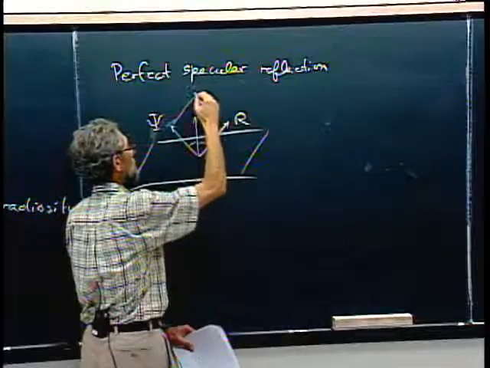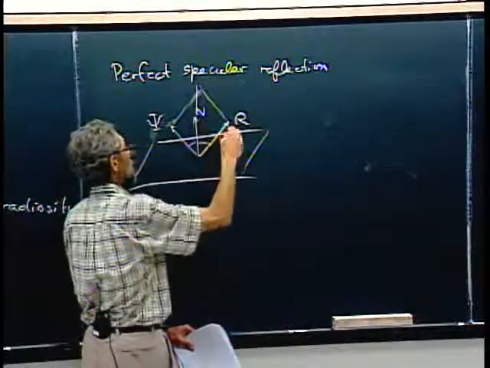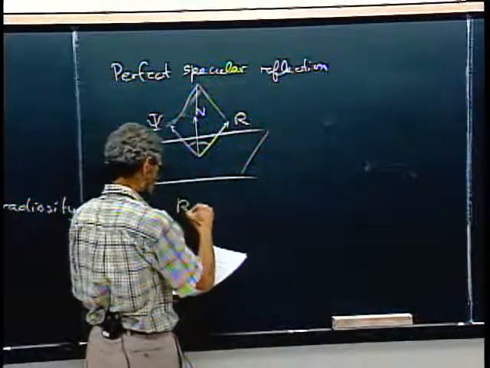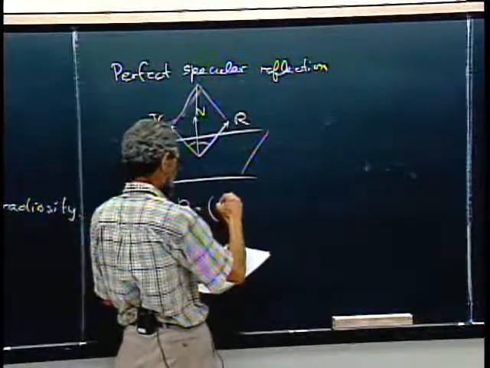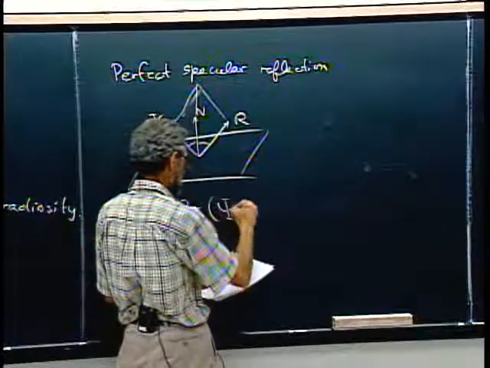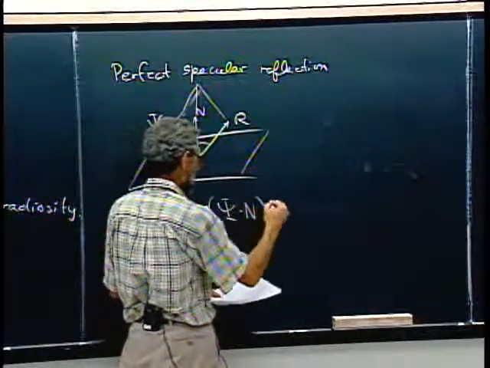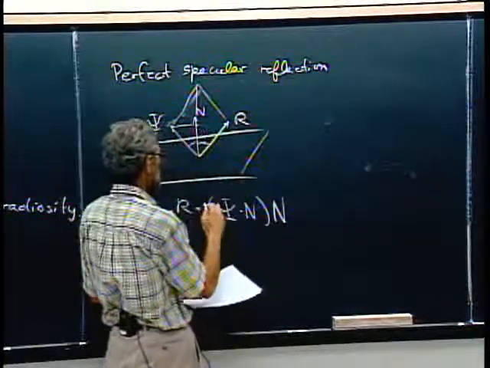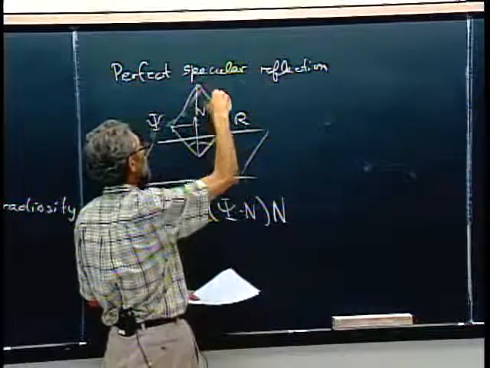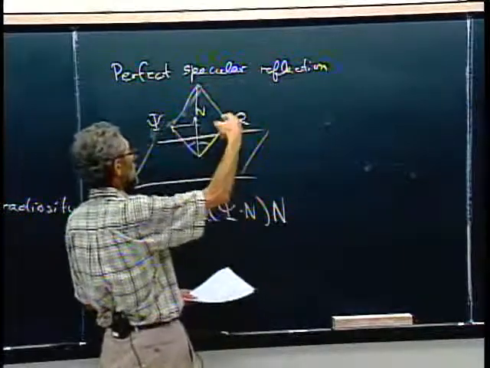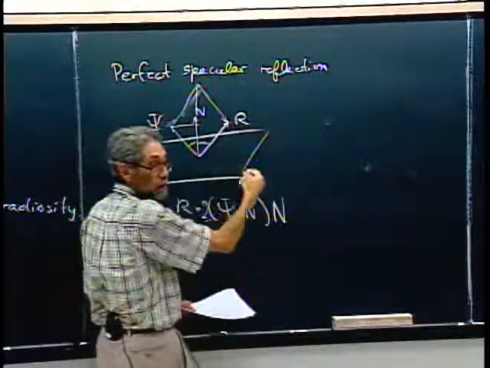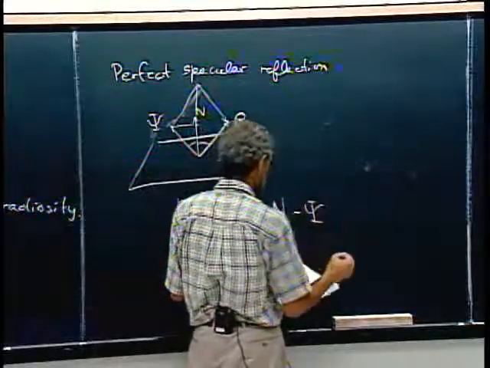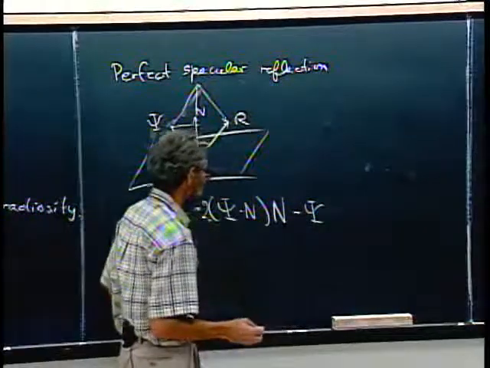In the first lecture, I drew a parallelogram here and computed that the perfect mirror reflection direction is the incoming direction dot the normal, multiplied by the normal. This is a scalar, which gives the length of this projection. If you double it, that's the length of this point, and if you subtract the incoming direction, you get the point of this vector here. So that's the perfect mirror reflection.